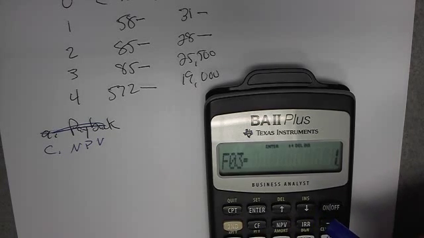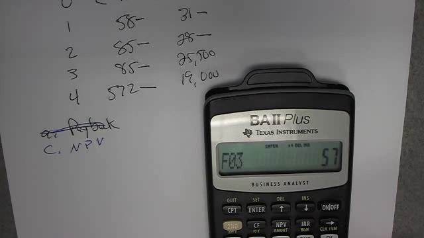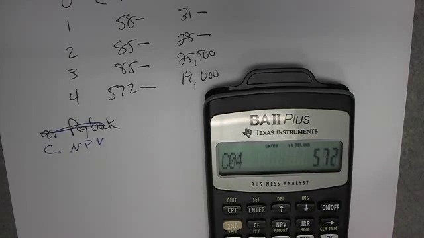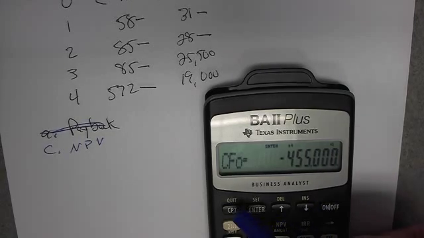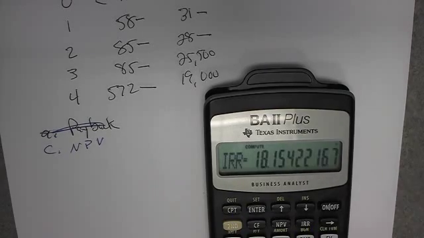And then we've got 570. And then cash flow 4 is 572. Enter that. I think that's it. So I'll compute the internal rate of return, and I'm getting 18.15%.